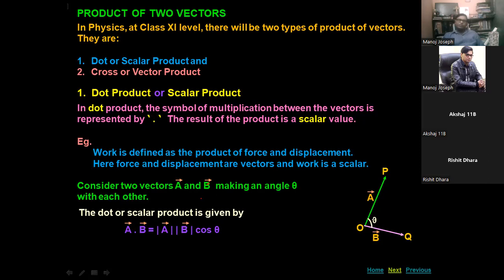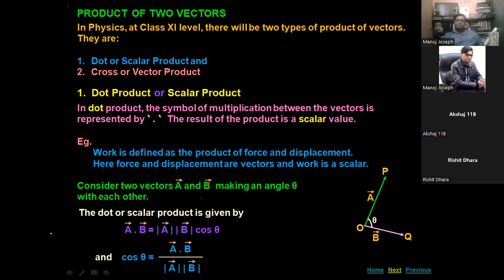Because an angle will be there, we use cos theta. Whatever the angle, 30 degrees, 45 degrees, we apply cos here. So when we apply cos, we multiply the cosine with the product of the magnitudes of the vectors, and that is called the dot product of two vectors.